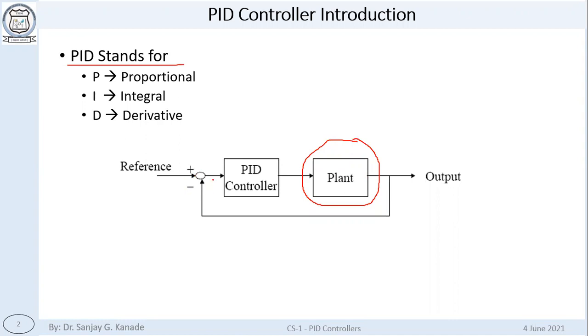There is a summing junction here where we compare the measured output with the reference input. Remember, this is the reference input and this is the measured output. You can look at the signs also: reference is plus and output is minus. So here we get the error signal, right?